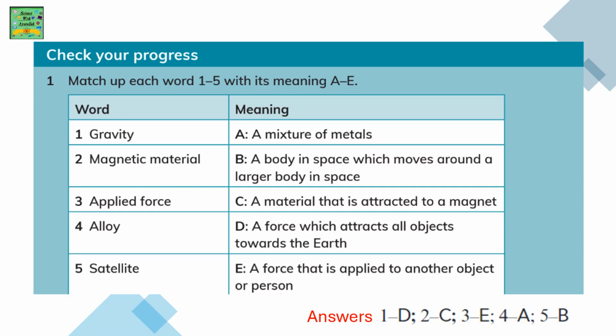The third corresponds to E. Applied force is a force that is applied to another object or a person. Fourth is alloy, which is a mixture of metals. The fifth one is satellite, which is a body in space which moves around a larger body in space.